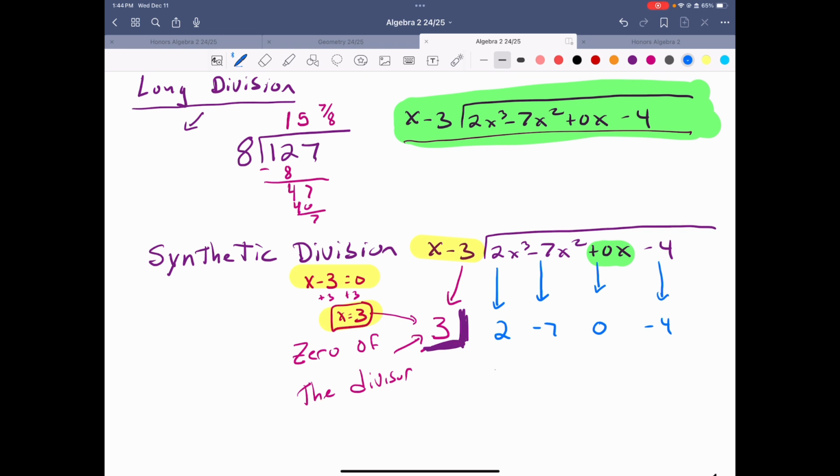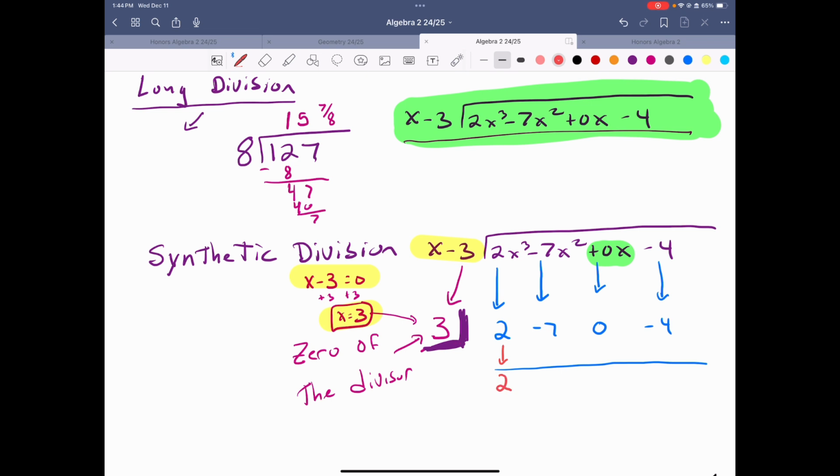Next thing I'm going to do is draw a line. So I've got my line drawn. Okay, that's this next step. Now we're going to start to solve this. First step is I'm going to take this 2, that leading coefficient, and drop that down below the line.